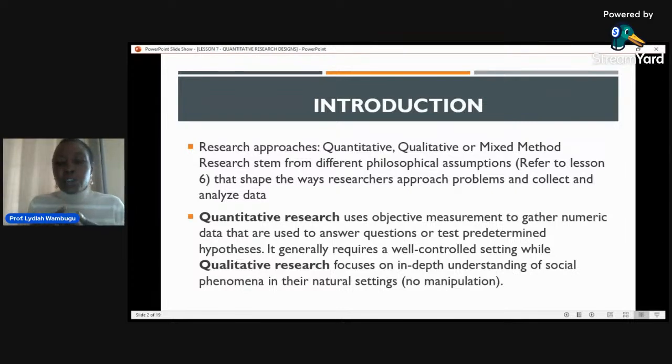And I want to mention something before we leave this slide. When we talk about quantitative gathering numerical data, students imagine that when we say numerical, it is data that is counted. Like I would say, how many females, how many males, we count 1, 2, 3, 4.